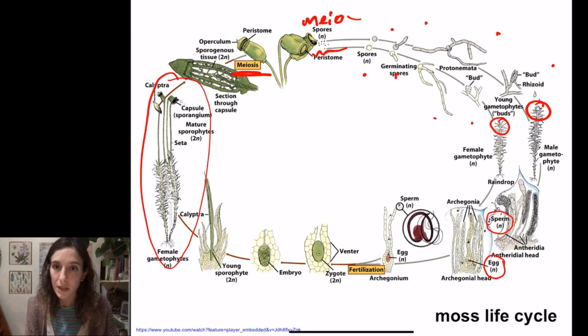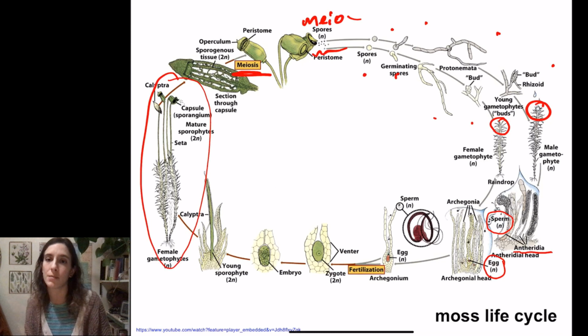That's expected. But here are some new terms. An antheridium, or antheridia, plural. Antheridium is singular. That's the structure that produces sperm on a gametophyte, including mosses. This is our first time of many seeing the term antheridium.